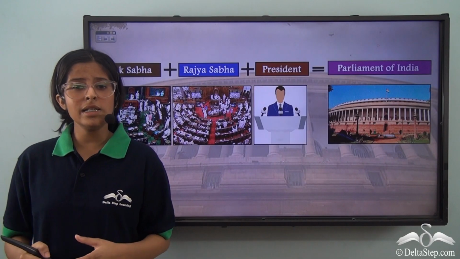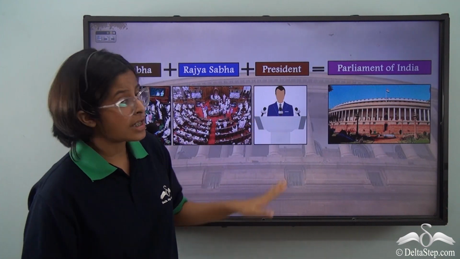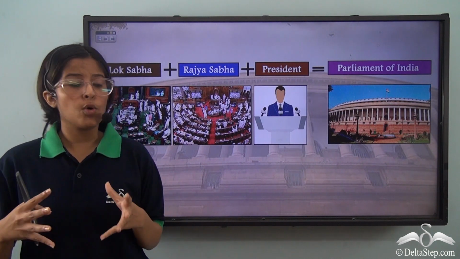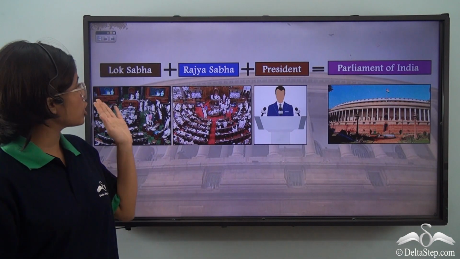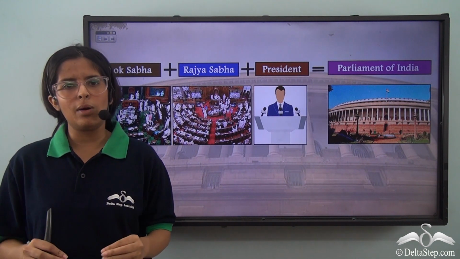We have studied that the Lok Sabha, the Rajya Sabha and the President together make up the Parliament of India. The two houses, Lok Sabha and Rajya Sabha, have almost equal powers.